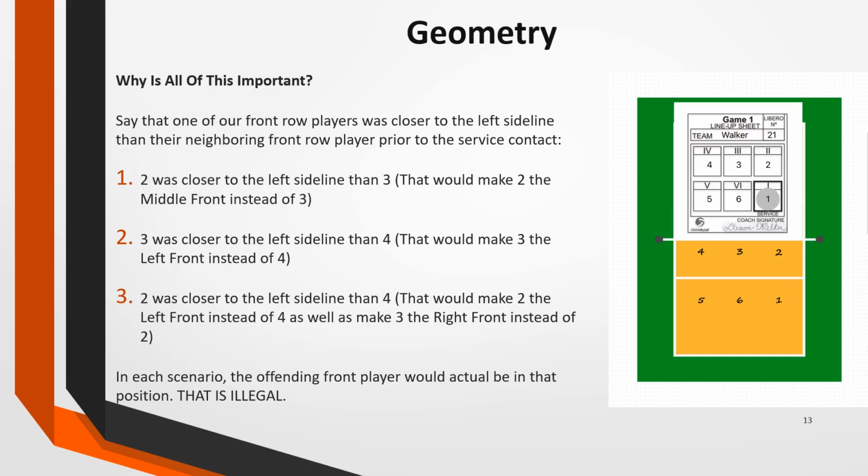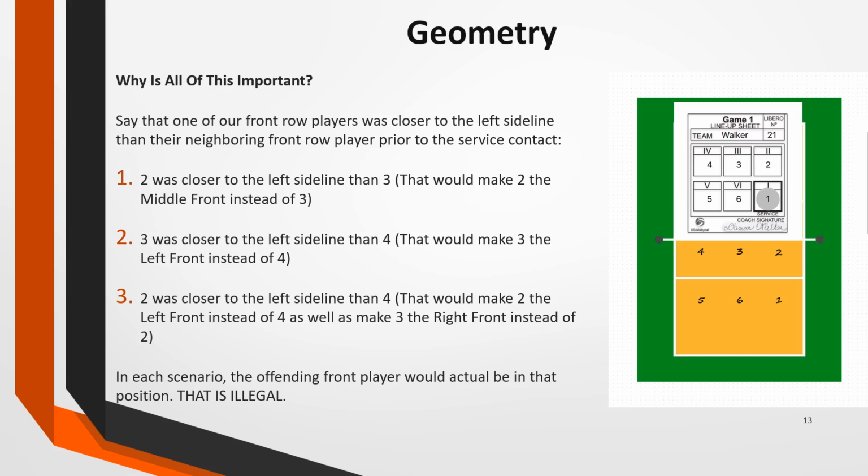Let's say that 3 was closer to the left sideline than 4. Then that would make 3 the left front instead of 4. And in that scenario, it would make 4 the middle front. Or let's say that 2 is closer to the left sideline than 4. So we got a double whammy here if that were to happen.